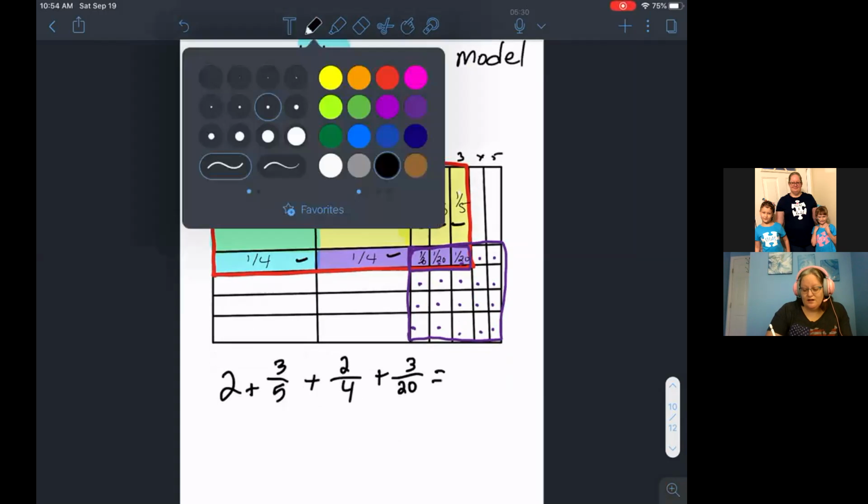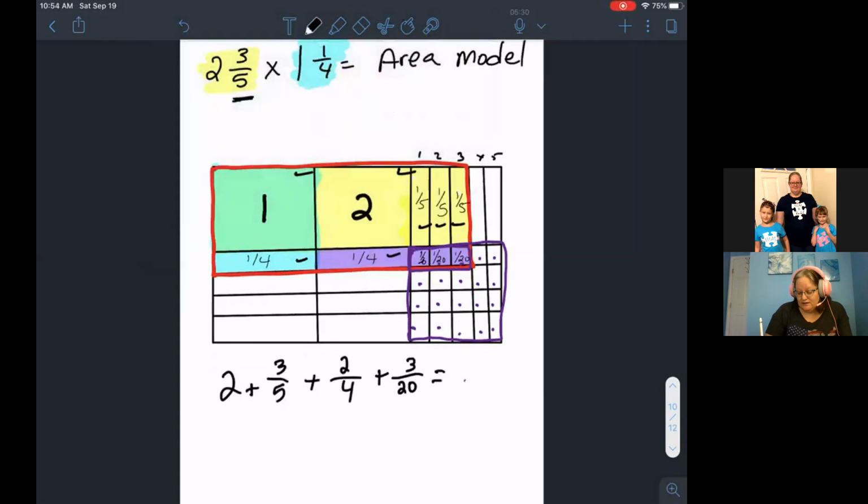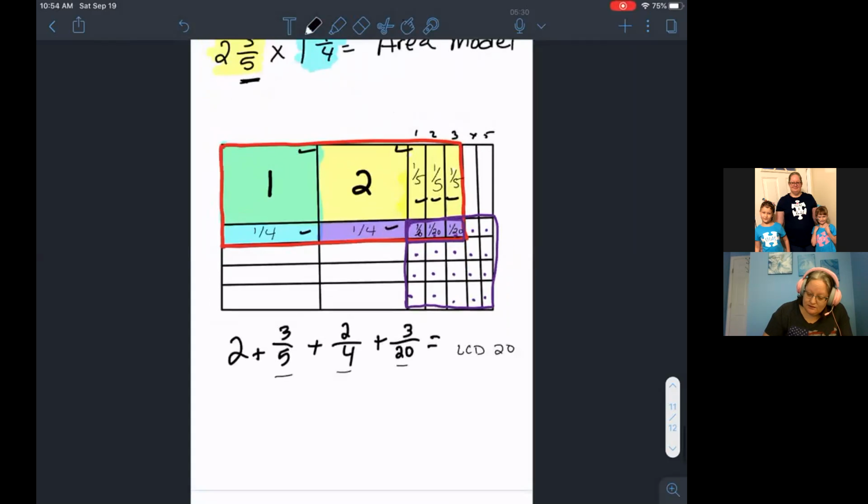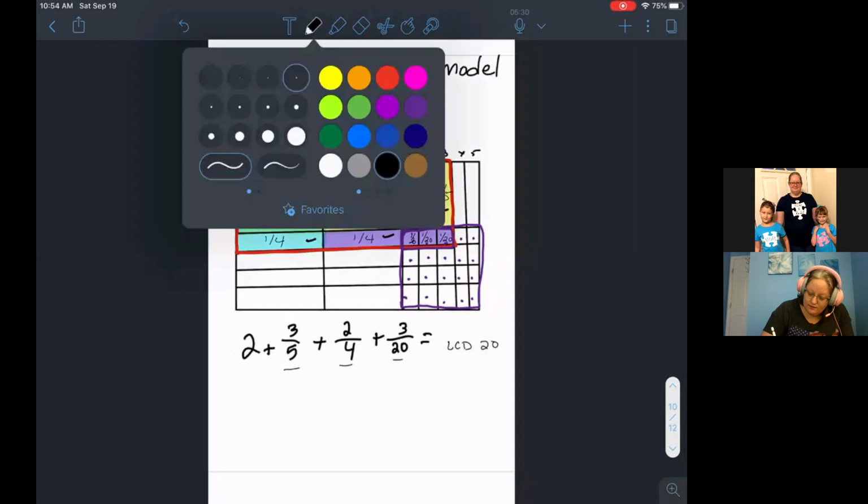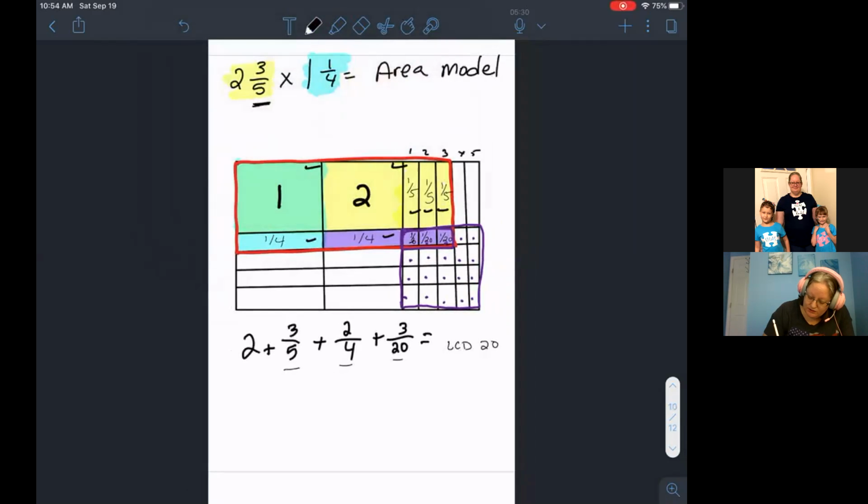All right, so now what we need to do is add all of this together. But in order to do that, we have to find the least common denominator of all of these so we can add them together. So that looks like it's going to be 20. So we've got 2 plus, 5 times 4 is 20, so that would be 12/20, plus 5 times 2 would be 10/20, plus 3/20, it stays the same.